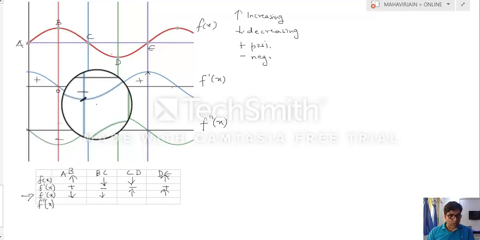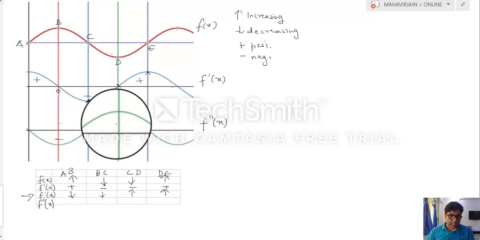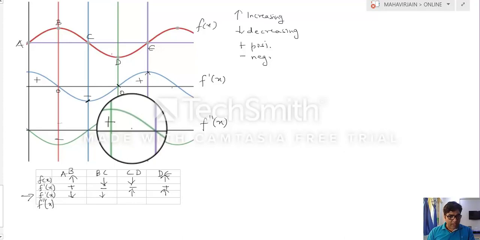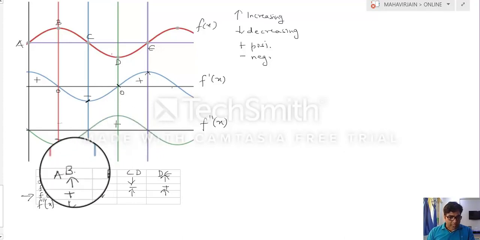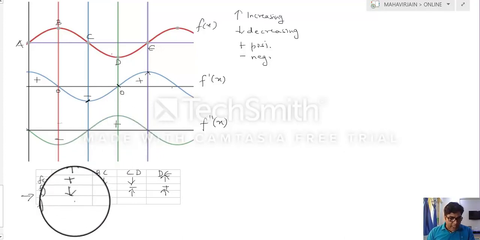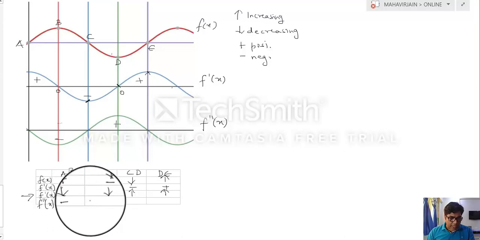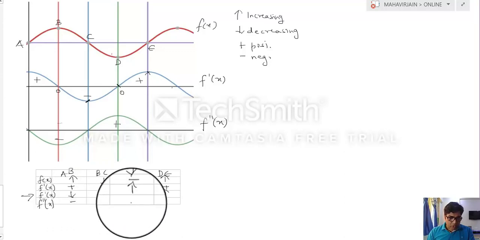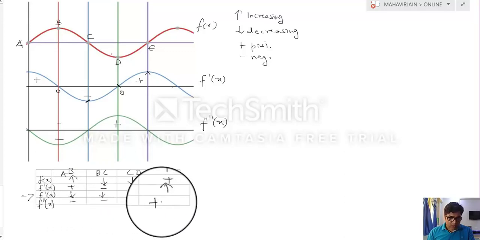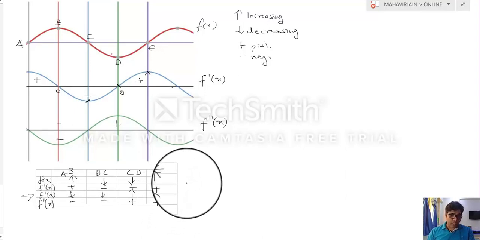Negative. That's conceptually right. If the derivative is increasing, its double derivative has to be positive. I hope I have made myself clear, right? So here, when the derivative is decreasing, it is negative, and when increasing, positive.